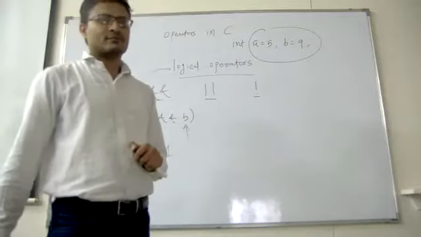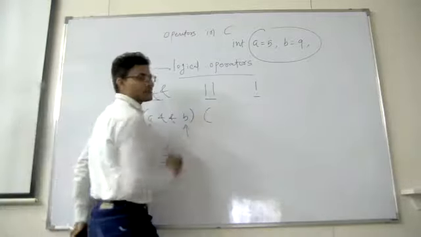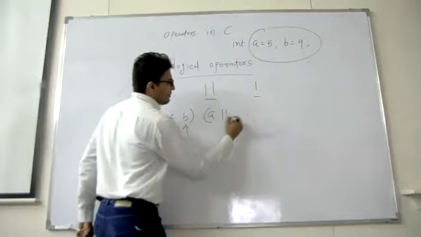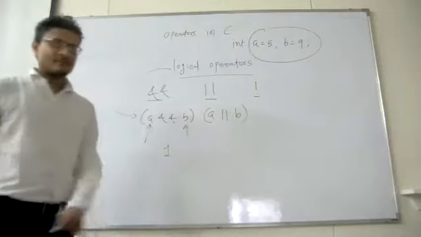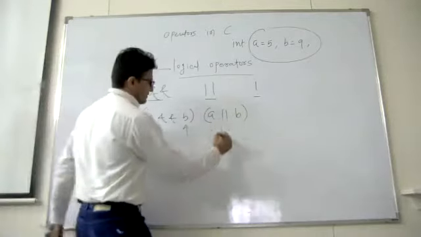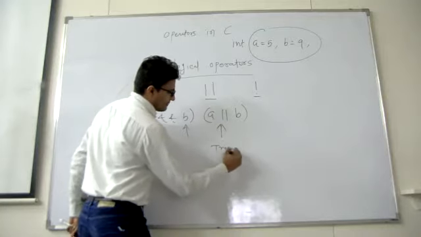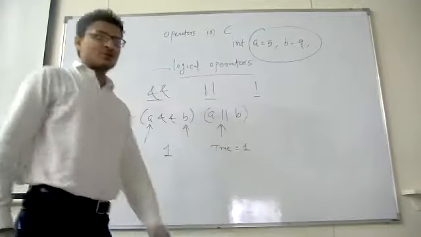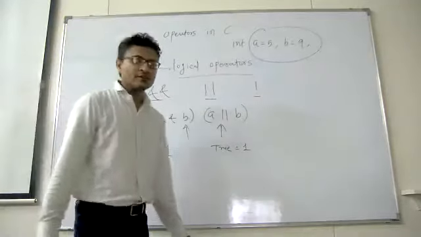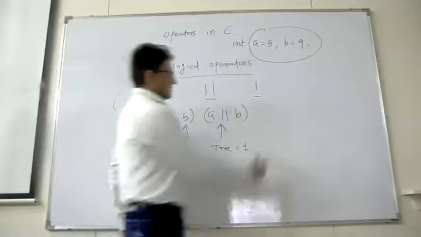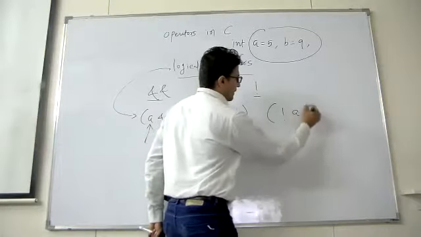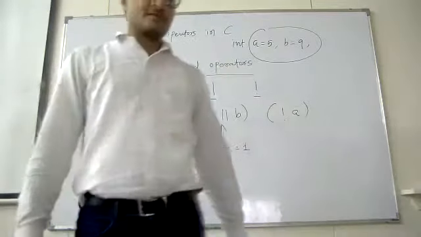Here a or b: true, because non-zero or non-zero. Here not of a: false.